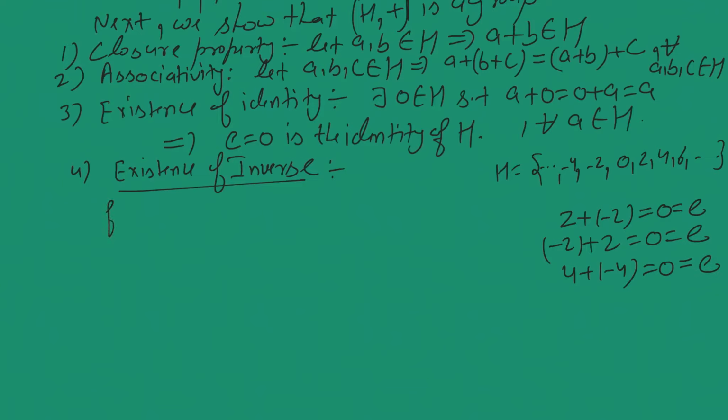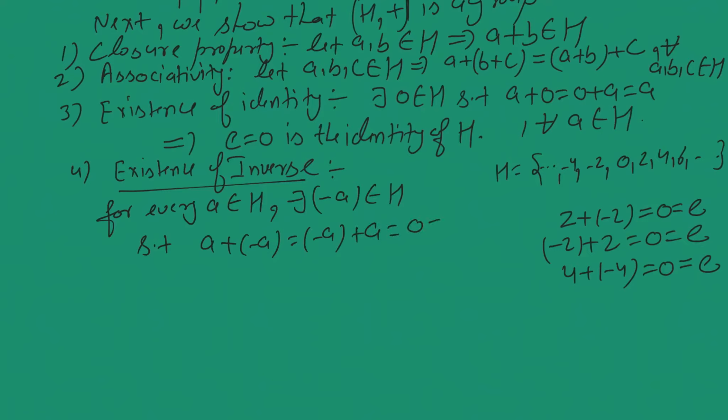Therefore for every A belonging to H, there exists minus A belonging to H such that A plus minus A is equal to minus A plus A is equal to 0, which is nothing but equal to identity.